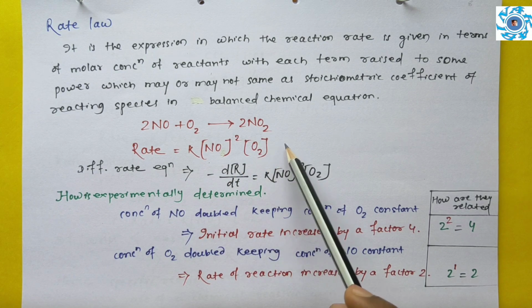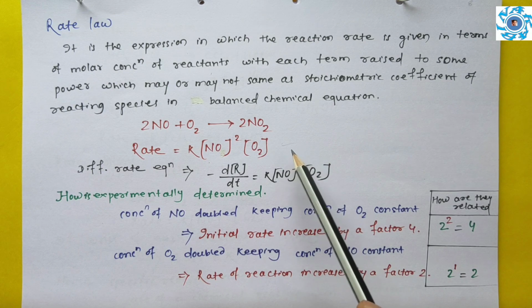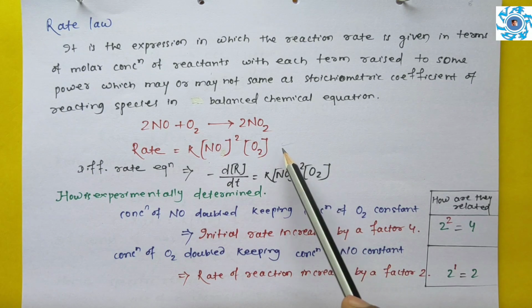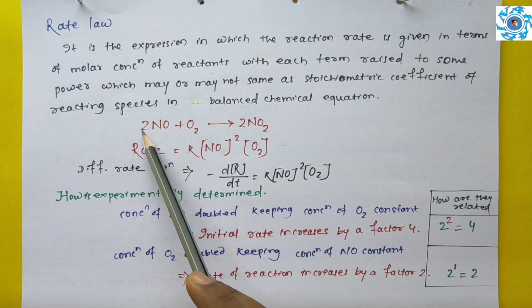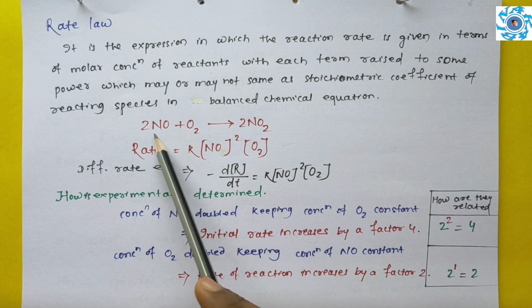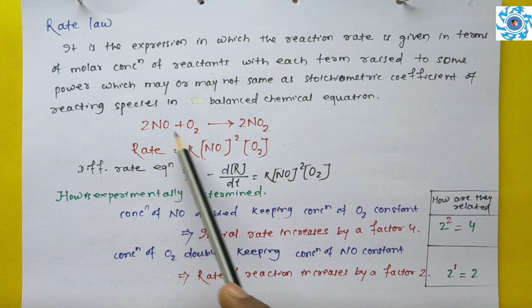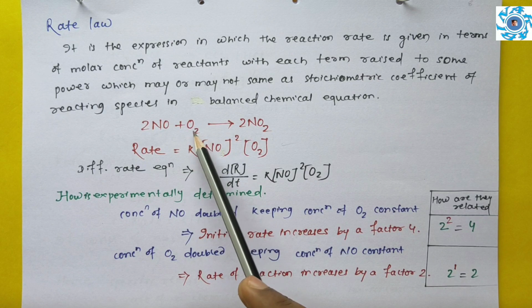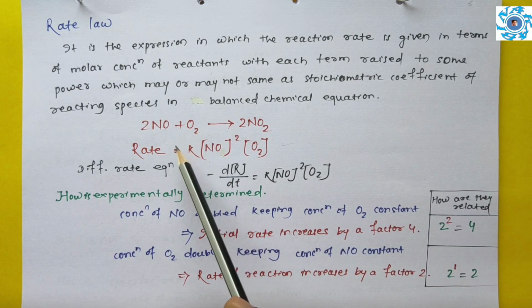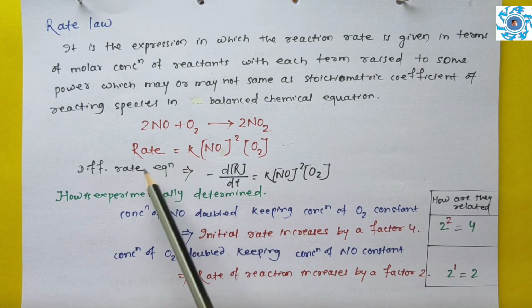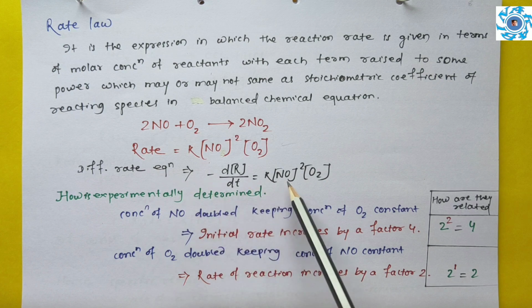So this is practically determined. This is not theoretically determined. We cannot say that the powers represent the stoichiometric coefficients of nitric oxide and oxygen. It is not determined like that. This is the differential rate equation also.